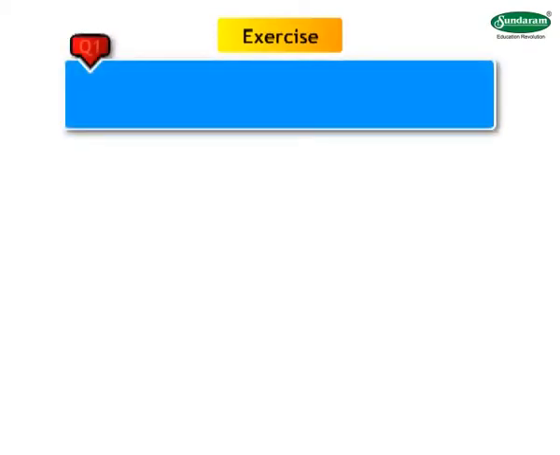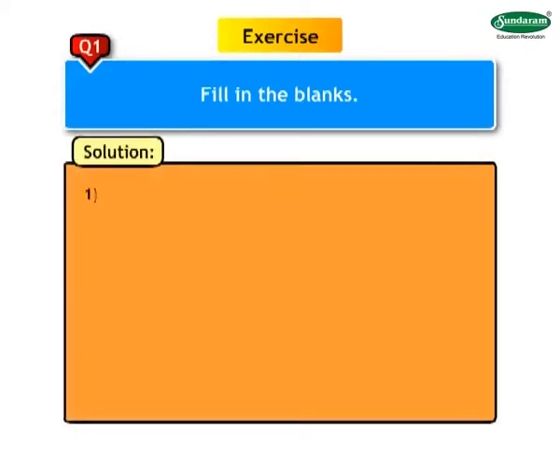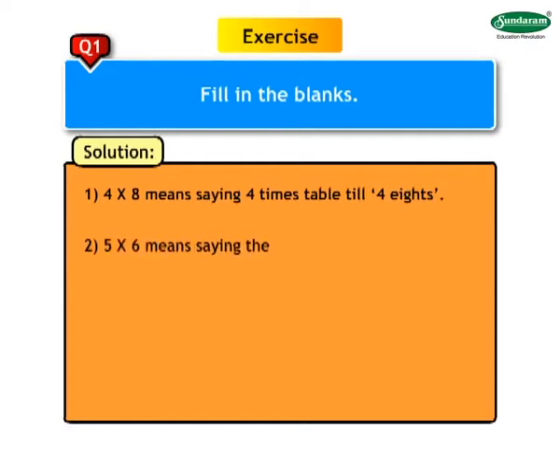Now, let us solve a few examples from the exercise given on page number 2. Question 1. Fill in the blanks. 1. 4 multiplied by 8 means saying the 4 times table till 4 eighths. 2. 5 multiplied by 6 means saying the dash times table till dash.